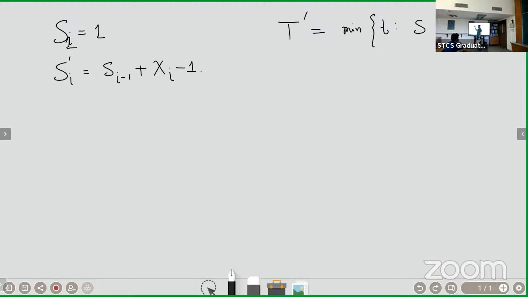So Xi has the same distribution as in the branching process, and we are getting i.i.d. variables. We define some special time, which has the same distribution as the total progeny T.